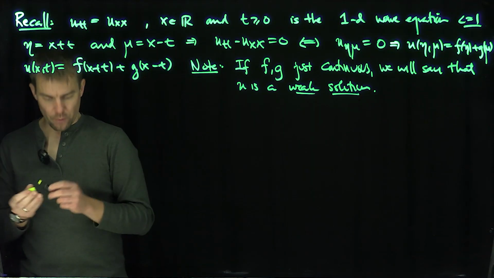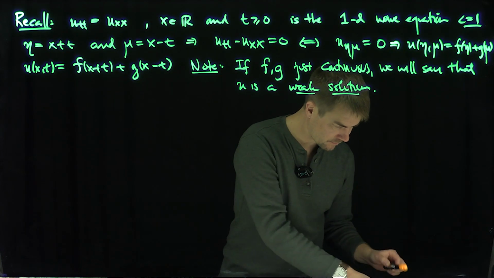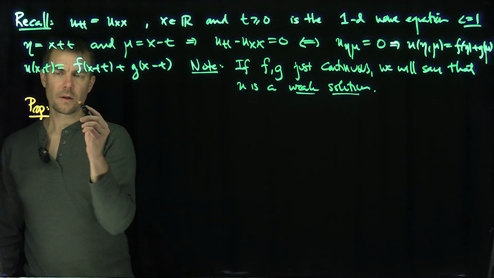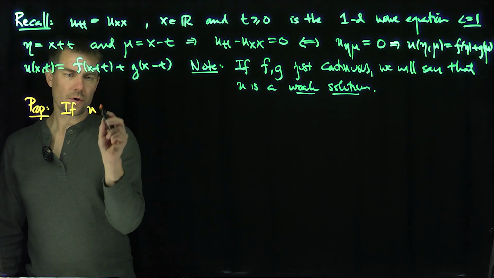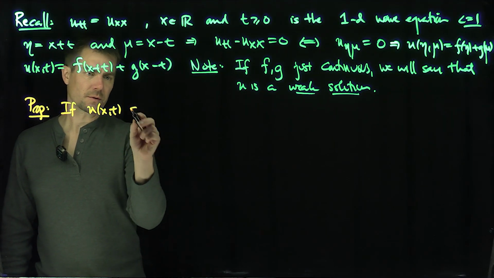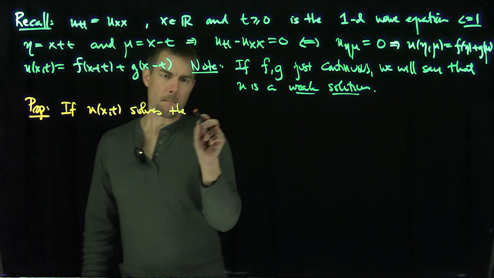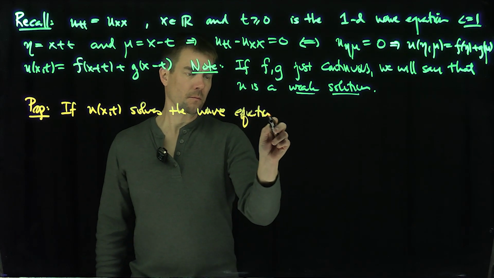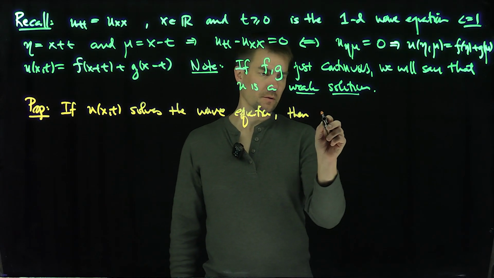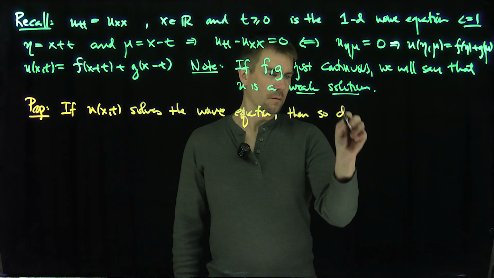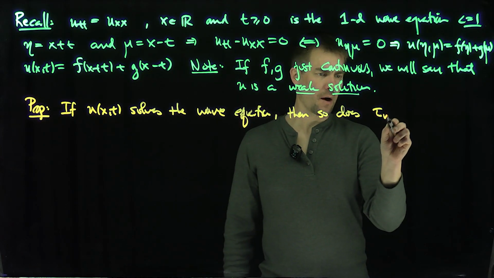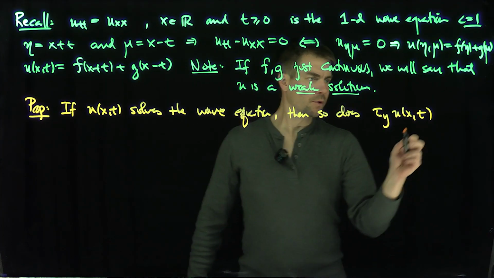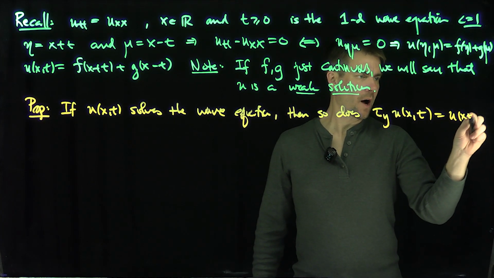What are some basic properties of the wave equation, though? Here's a proposition. If u of x, t solves the wave equation, then so does tau_y of u of x, t, which is going to be u of x plus y comma t.